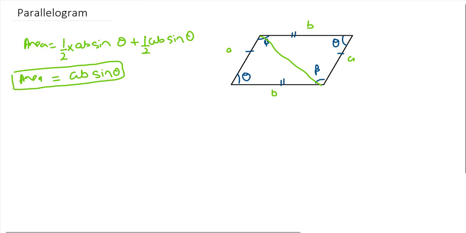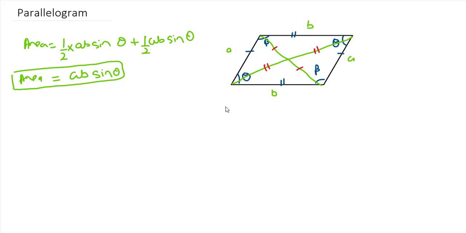Now if you draw the second diagonal as well, then we'll notice that the diagonals of the parallelogram bisect each other. That means this length will be equal to this length and this length will be equal to this length. Okay. Now another important property of a parallelogram is that the adjacent angles in a parallelogram are supplementary.